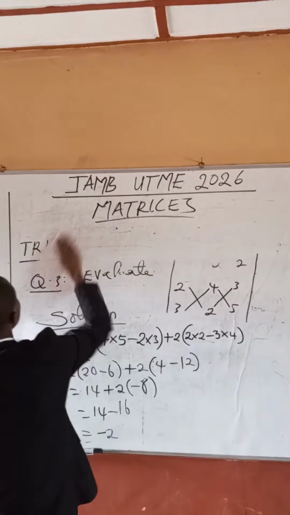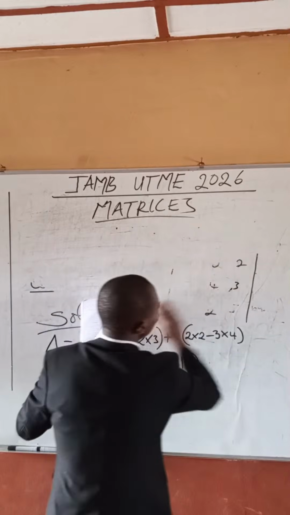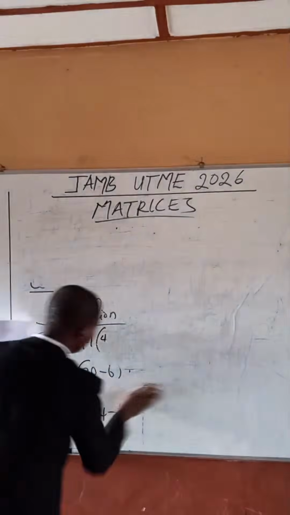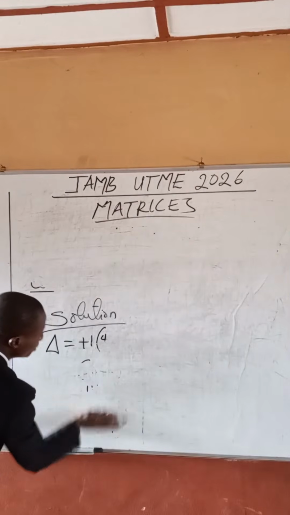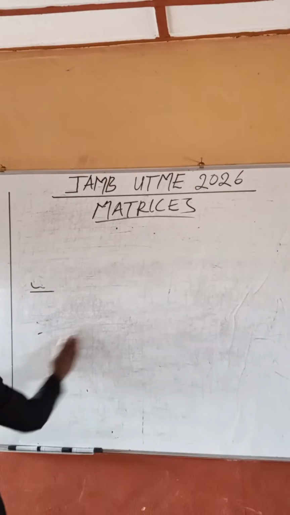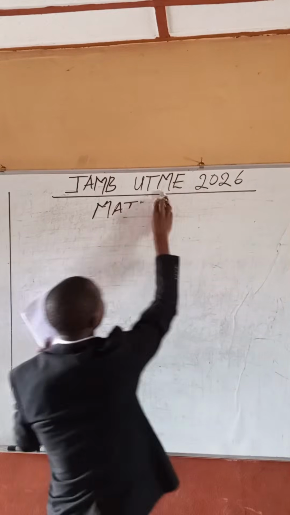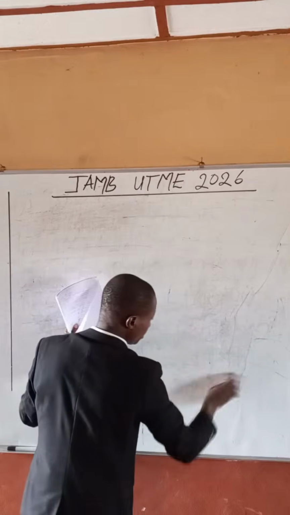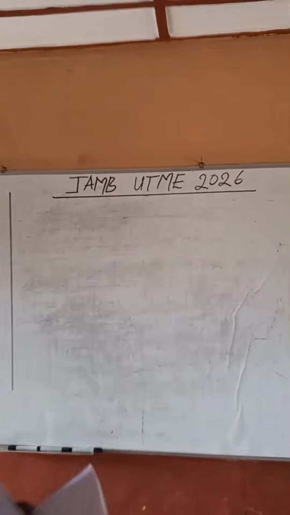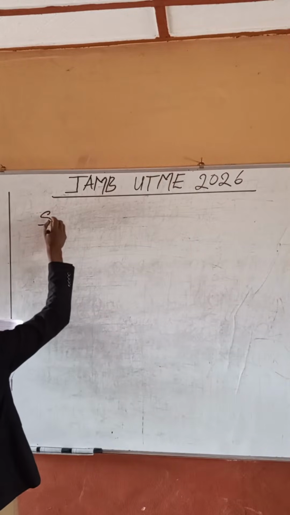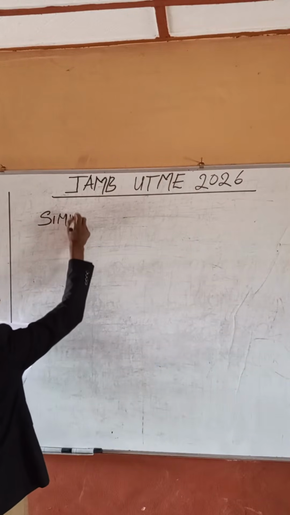I'm going to use trick number 2. It is called the simultaneous trick, a trick for simultaneous equations. And that trick was derived from matrices, actually. It's a kind of matrix derivative. So simultaneous equations.